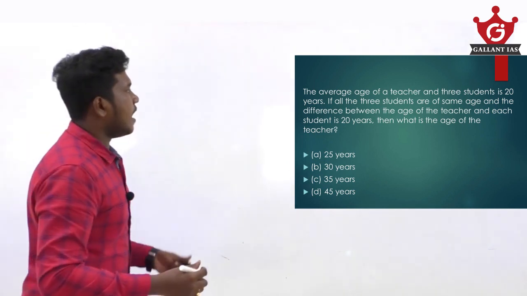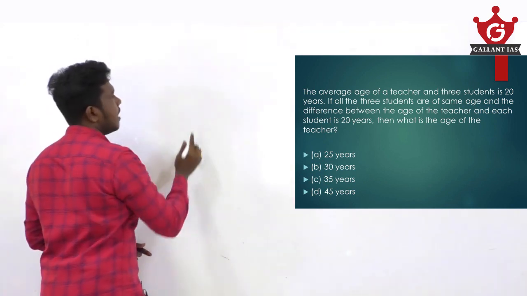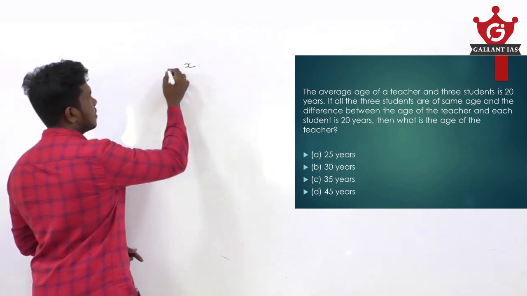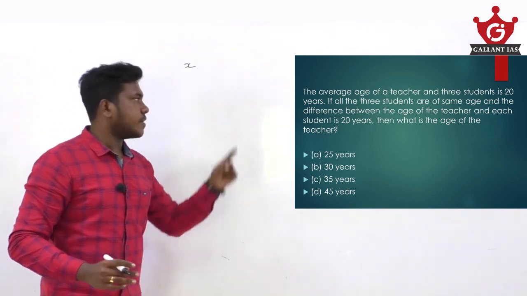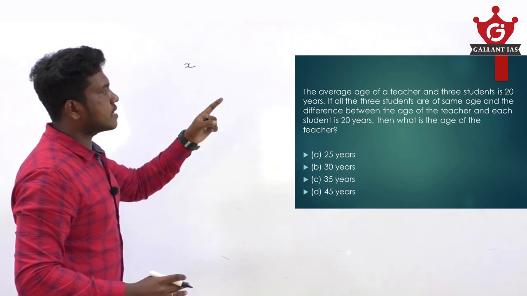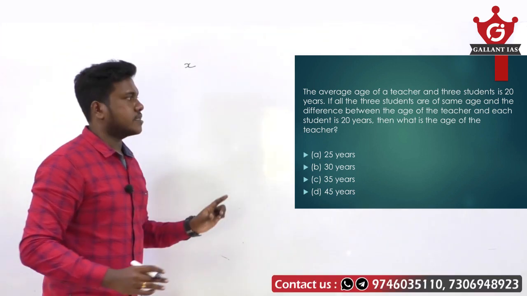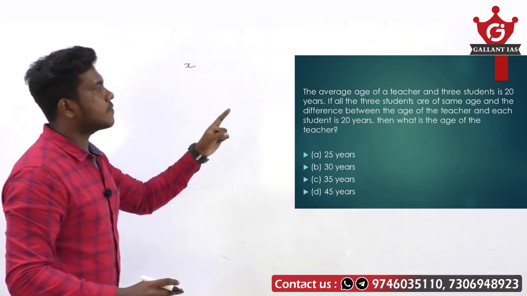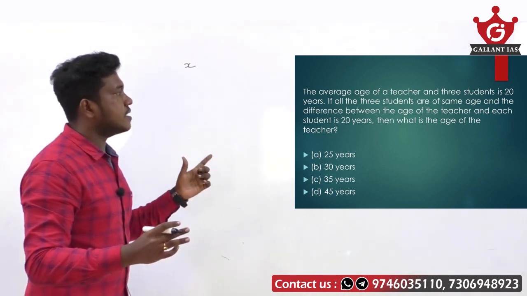So I am assuming that the age of each student is X. If the age of student 1 is X, then student 2 and student 3's age will also be X.